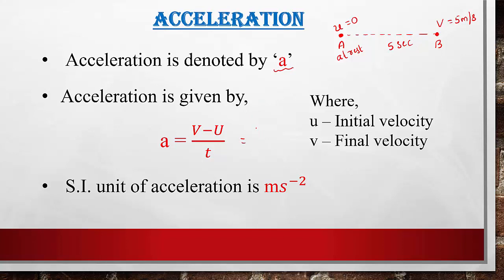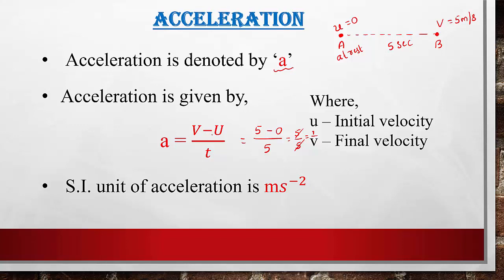Final velocity of the object is 5 minus initially object is at rest, so it is 0, divided by how much time is taken by the object to reach the point B from point A, that is 5 seconds. So 5 minus 0 will be 5, 5 divided by 5, that gives 1. So acceleration is equal to 1 when it reaches the point B with velocity 5 meter per second in 5 seconds. So acceleration is given by the equation A equals V minus U by T.